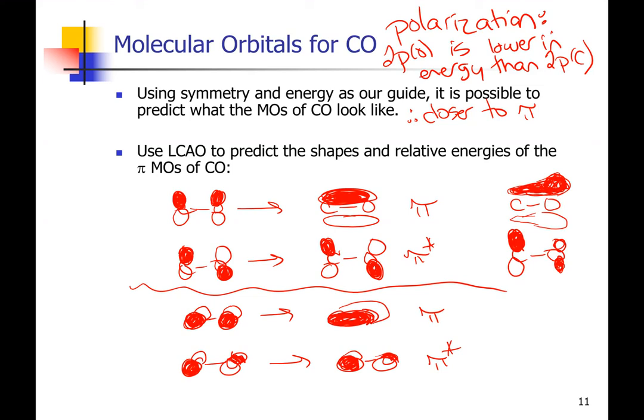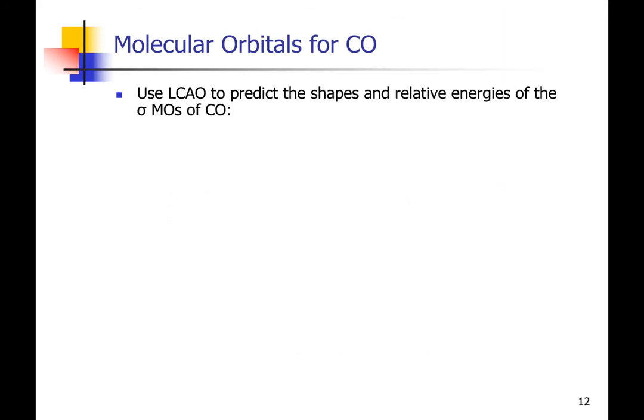And there's no way I'm drawing that in the other direction. Assume that you can take those pictures and spin them forward 90 degrees. So building the pi symmetric molecular orbitals, actually pretty straightforward, very similar to what we did with the homonuclear diatomics.